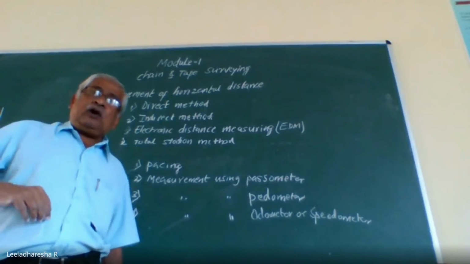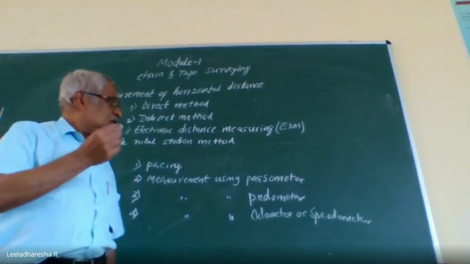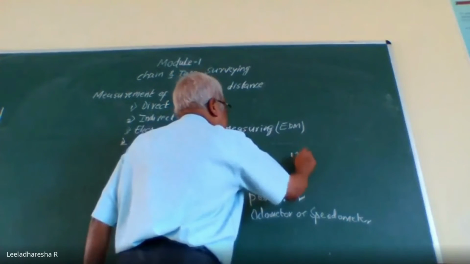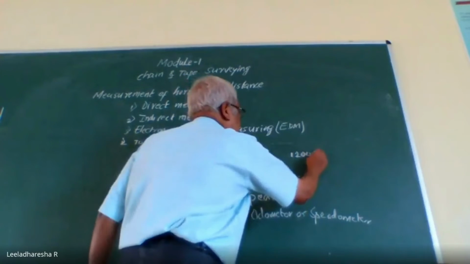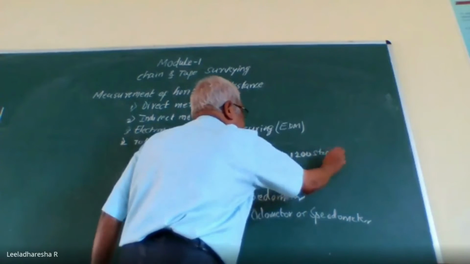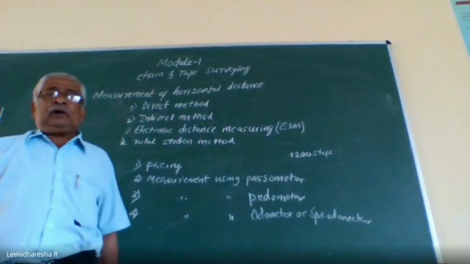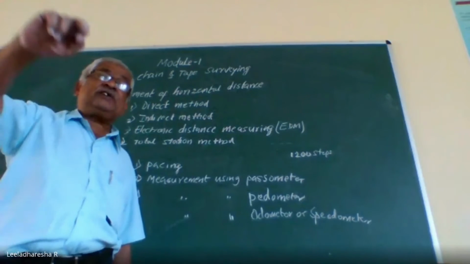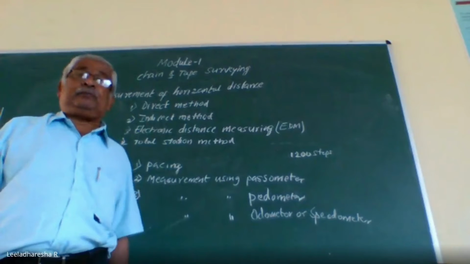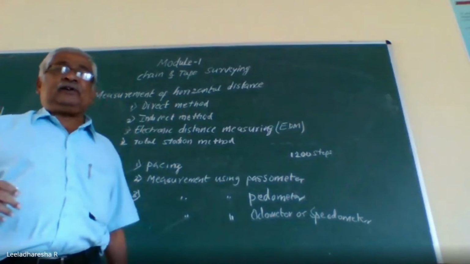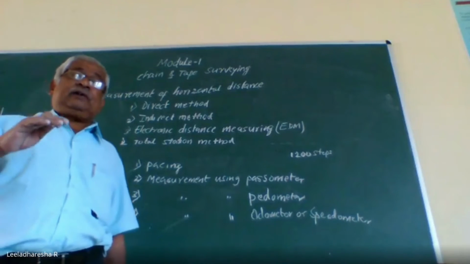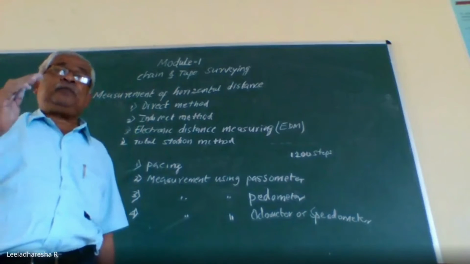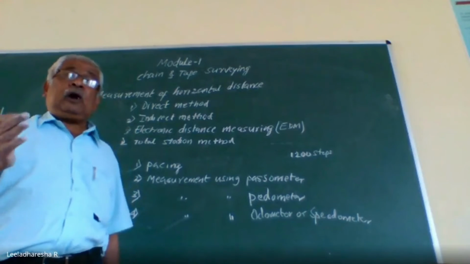Later on, you walk 20 steps. Initially, you might have walked, say, from A to B, 1,200 steps, right? So now, accurately, gently, you walk 20 steps and measure that length covered by 20 steps. Measure that length. So, convert that. Take the average length of pace that you have covered.